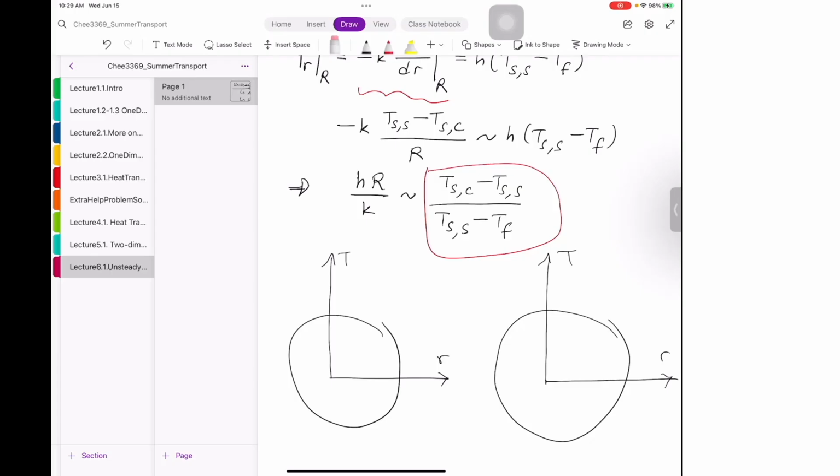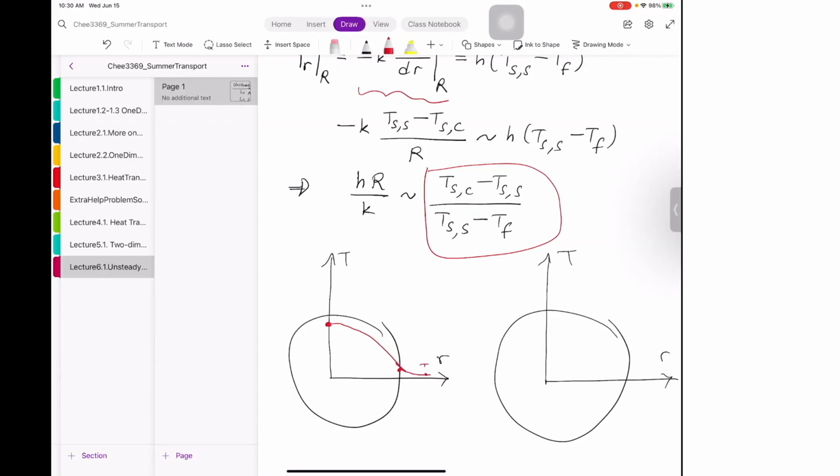Okay. And imagine that I'm talking about two different temperature profiles. One looks like the center is here, the surface is here, and the fluid is here, and your temperature profile looks like the following.